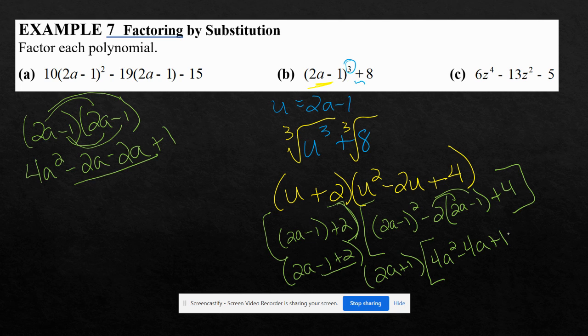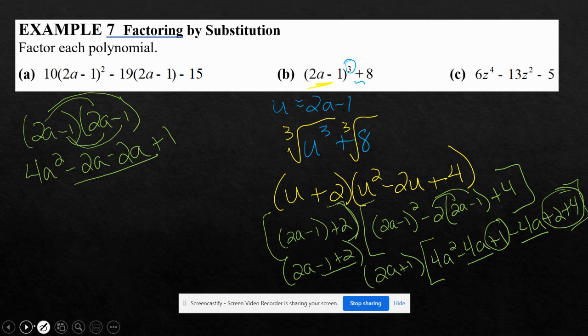Distribute minus 4a plus 2. And then we have that plus 4 hanging out there. Combining like terms in here gives us finally our final answer.